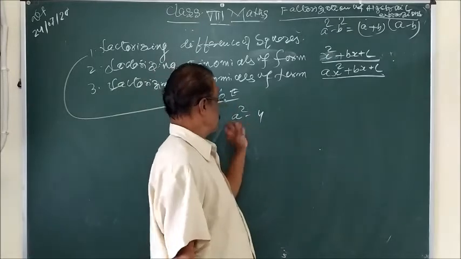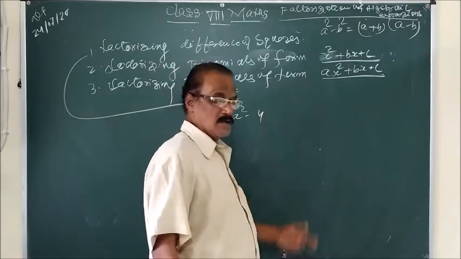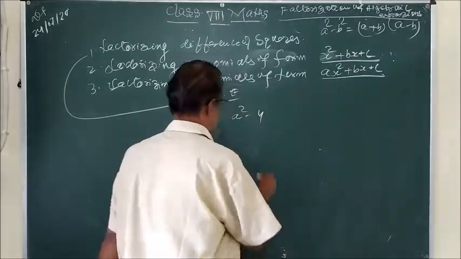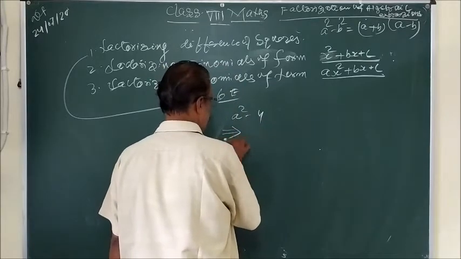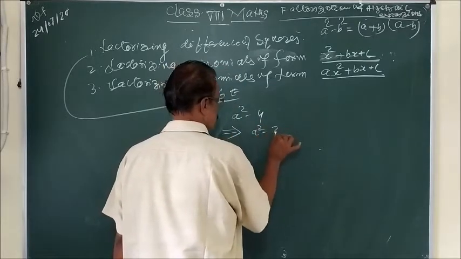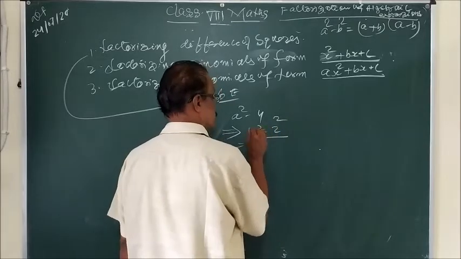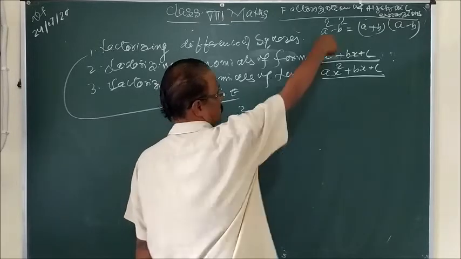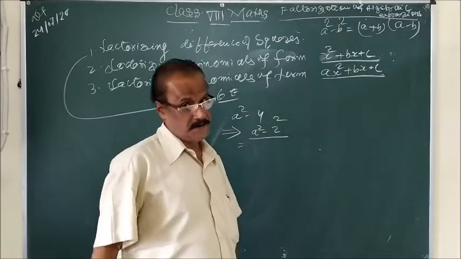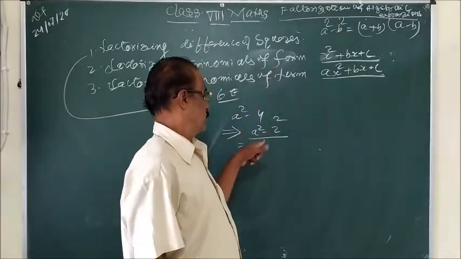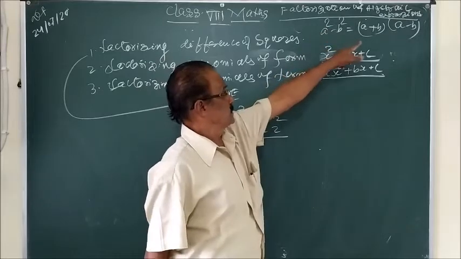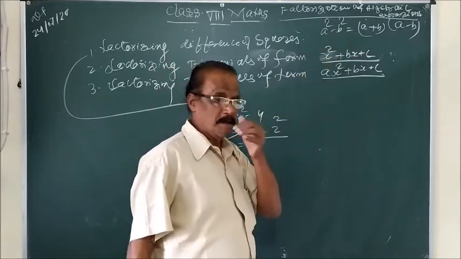Here a square is given, and this is 4. You can understand 4 is the square of 2. So you can write a square minus 2 square. Now you can compare these two terms with the given identity. This is in this form, and this is written in this form, a plus b into a minus b.